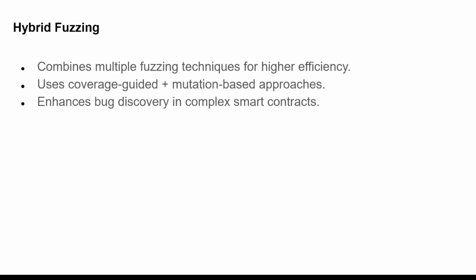Last but not least is hybrid fuzzing, which combines multiple fuzzing techniques for higher efficiency, using coverage-guided and mutation-based approaches. It mostly enhances bug discovery in complex smart contracts.